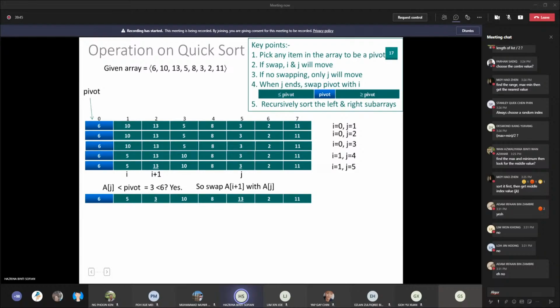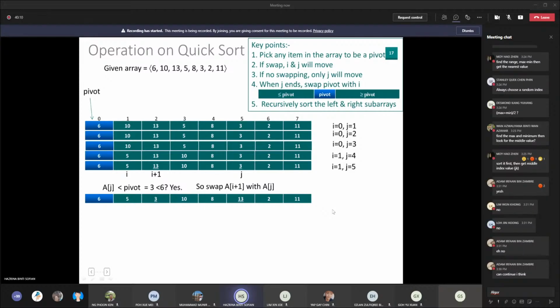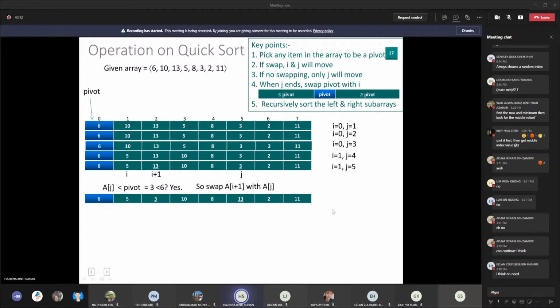So you will just repeat like this. Do you want me to continue or you can skip? Do you want me to continue because it's just going to repeat until j ends? Okay, Izlan said no need.